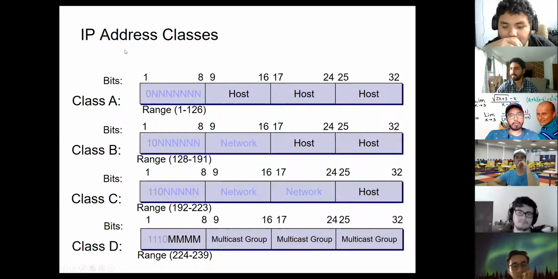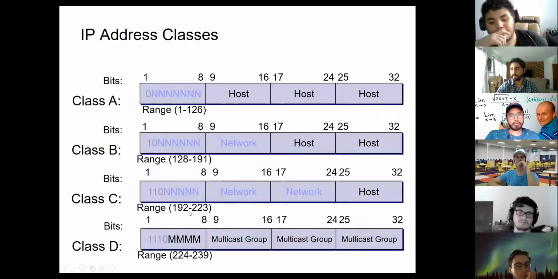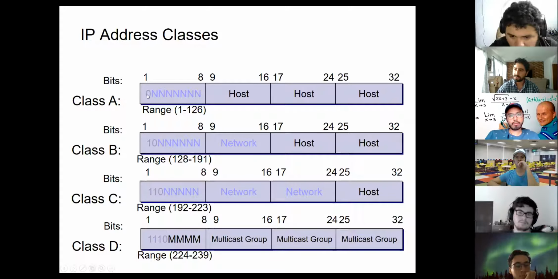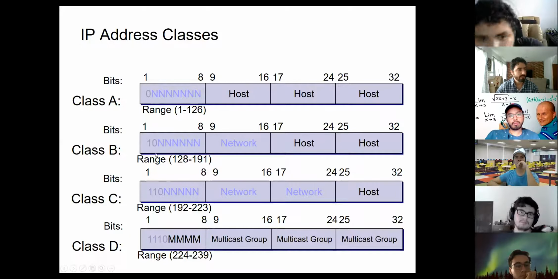The last doesn't matter, just A, B, and C. Remember that class A starts with 0 followed by the network part, class B starts with 10 and the network part, and class C starts with 110 and the network part. If you remember just these 3 beginnings, you can calculate the rest. If you forget the complete range, you can work it out from how the first octet starts, in binary numbers.